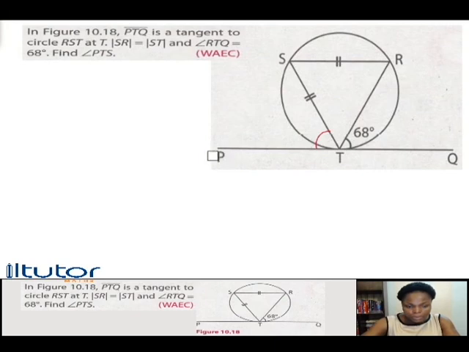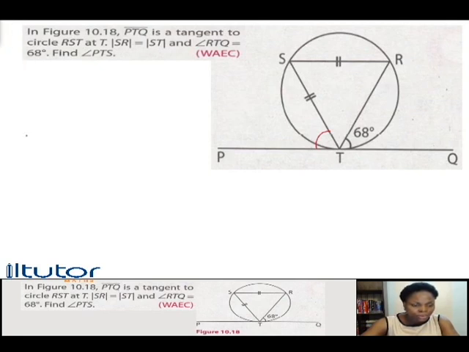Between this tangent PTQ and this chord TR, this angle RTQ has been formed.